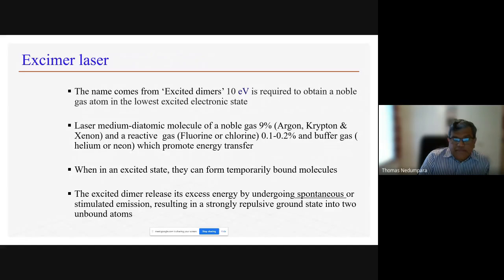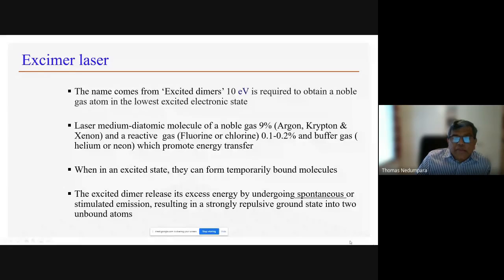Excimer laser comes from the word excited dimer. So what is this dimer made of? Two atoms, either two noble gases like argon, krypton, or xenon, or you combine an atom of rare gas with a reactive gas.